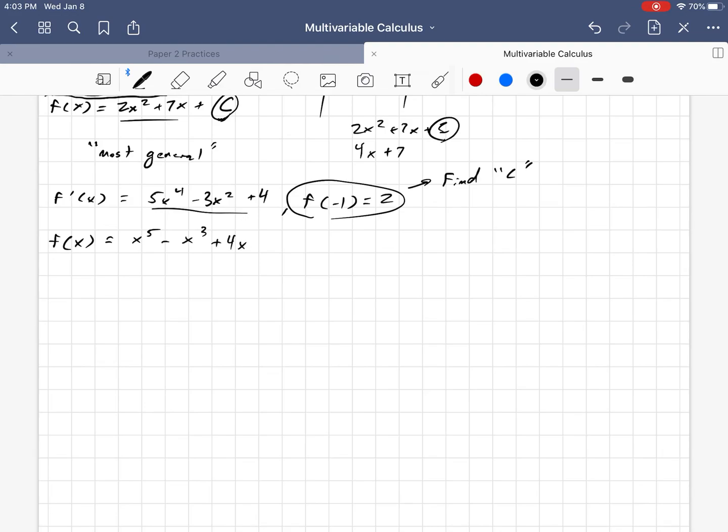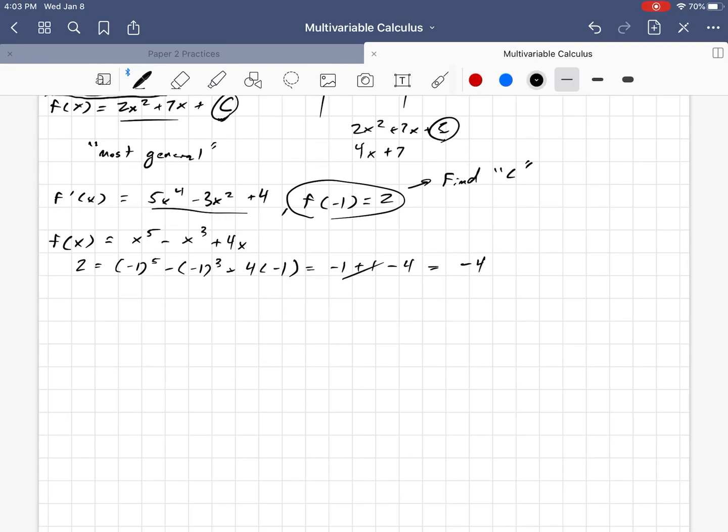Now I know that f of negative 1 is equal to 2, so 2 is, I'll write it out, negative 1 to the 5th minus negative 1 cubed plus 4 times negative 1, which is negative 1 minus a negative 1, so plus 1, minus 4, which those cancel, we get a minus 4.